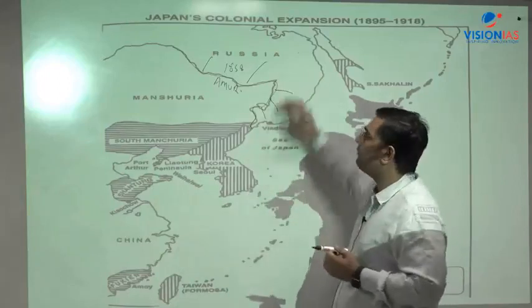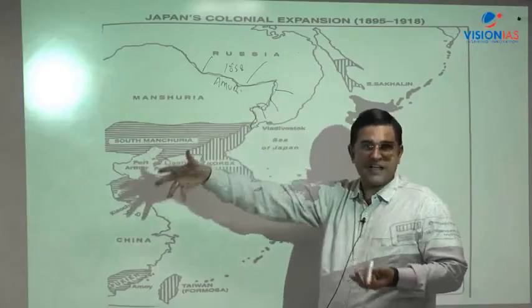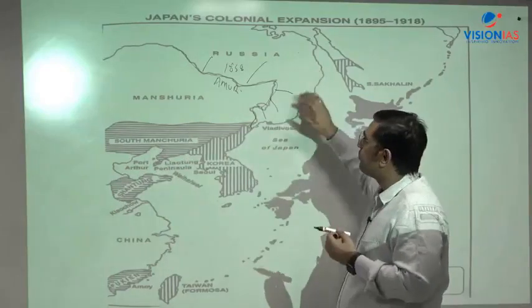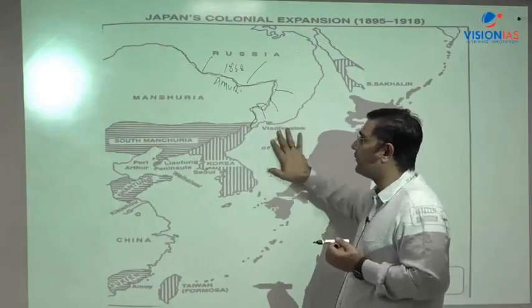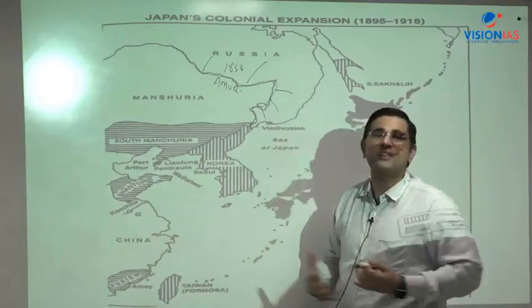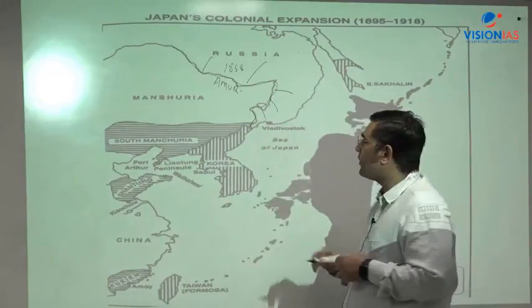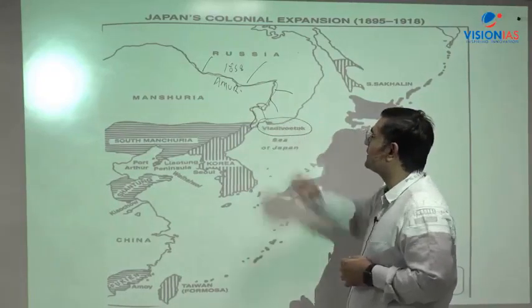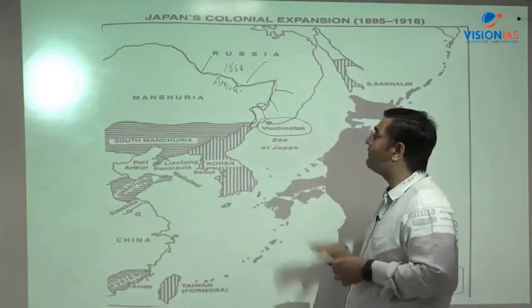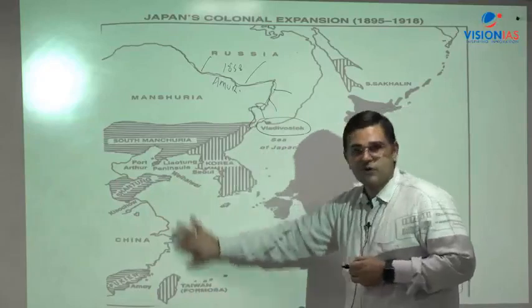So therefore Russia, be it the Black Sea in Europe, which provides access to the Mediterranean Sea, or be it the east, that is the Sea of Japan, wants to come down so that it can do trade with the rest of the world. Why? Because it wants access to warm waters. And what Russia does, Russia established this city of Vladivostok, and it will become its major center of trade for trading with the rest of the world, for trading with the east.